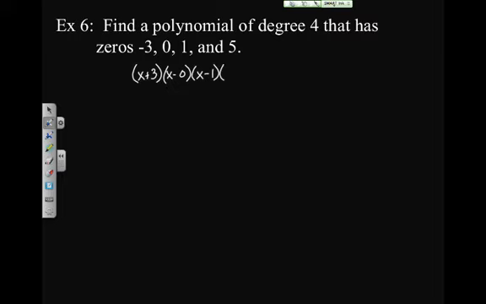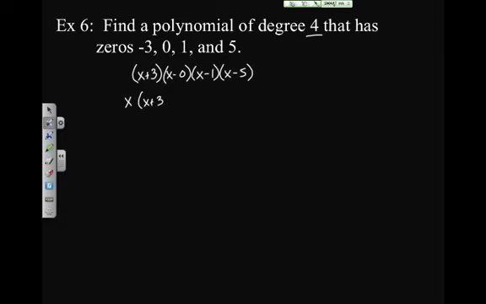And if 5 is a 0, then x minus 5 is a factor. So really, notice we've got 4 terms. All we have to do is multiply these together, and we're going to get our polynomial with a degree of 4. So I'm going to rearrange this a little bit because x minus 0 is really just x. I'm going to put that out in the front and save that for later.